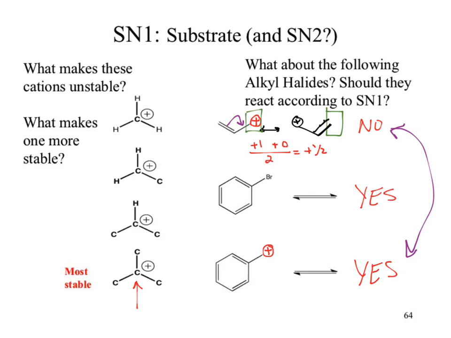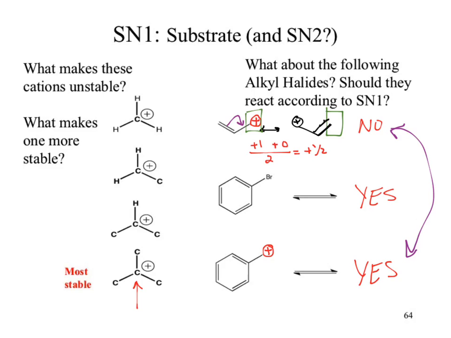Why is the primary one more stable? It has less of a charge. It's closer to being neutral. There's a resonance effect. That resonance effect trumps our primary, secondary, tertiary rankings. A primary structure with resonance is more stable than a tertiary structure without resonance.